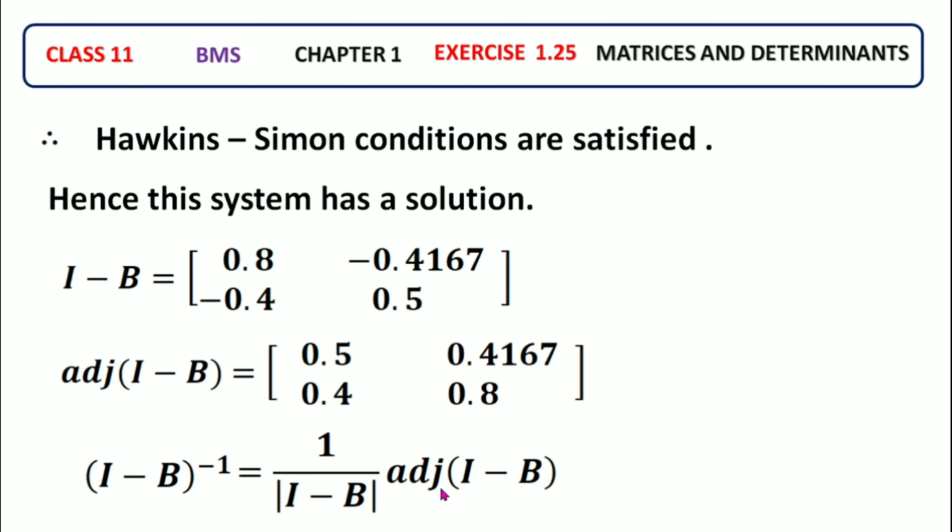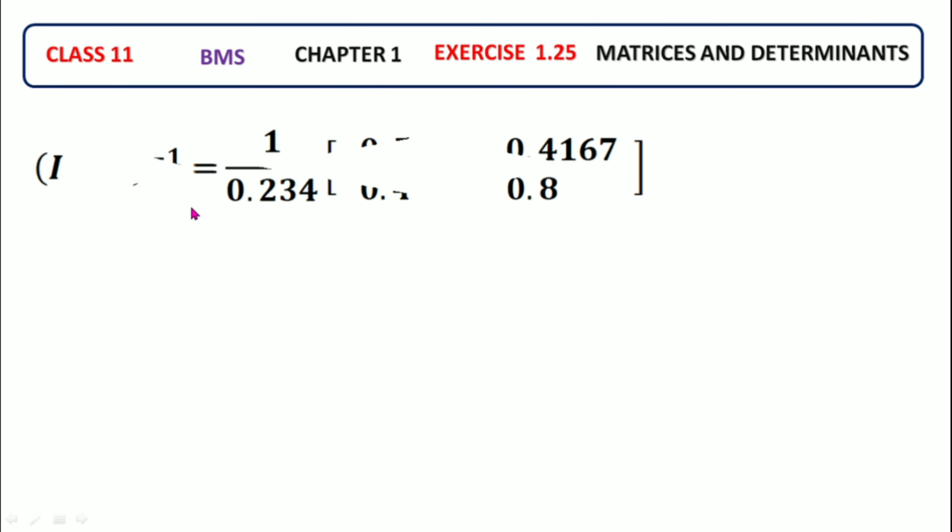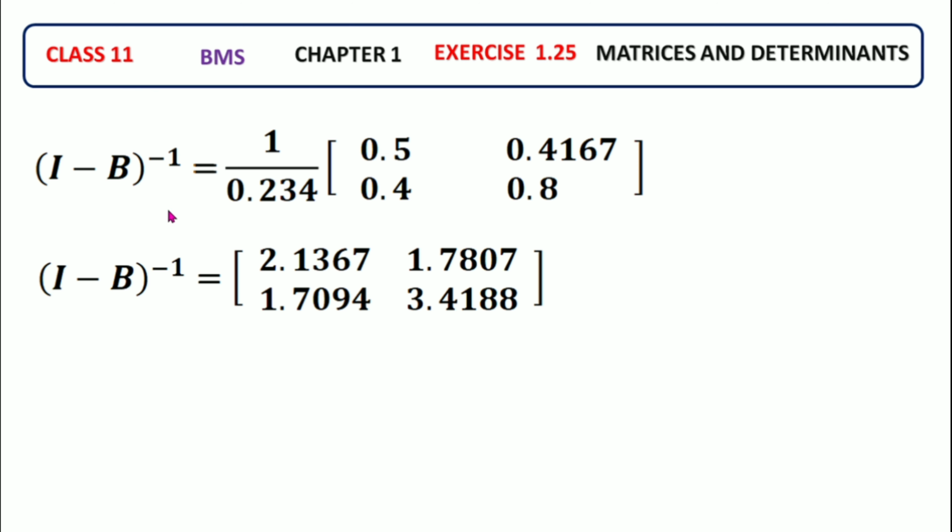After finding adjoint of I minus B, we can find the I minus B whole inverse, that is 1 divided by determinant of I minus B, times adjoint of I minus B. Here I minus B whole inverse equals 1 divided by 0.234, divided in each term: 0.5 divided by 0.234, the solved value here, and then 0.4167 divided by 0.234 is 1.7807, 0.4 divided by 0.234 is 1.7094, 0.8 divided by 0.234 is 3.4188. Use the calculator, solve these values.